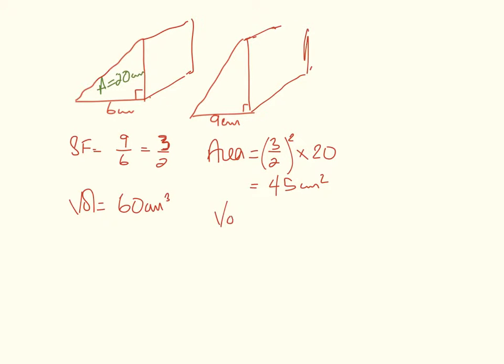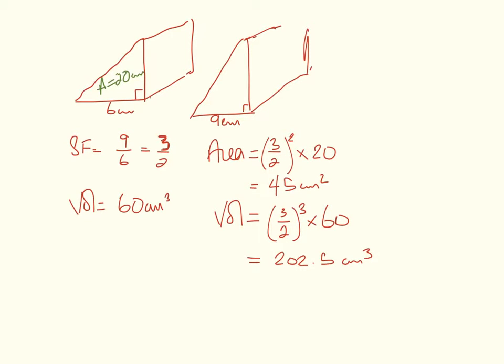If I want to find the volume then of the bigger one, it's going to be the same thing, 3/2, because that's my scale factor cubed, times that 60 centimeters cubed, which will now give me 202.5 centimeters cubed.